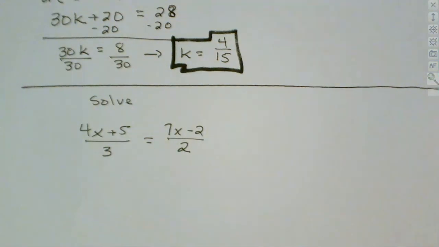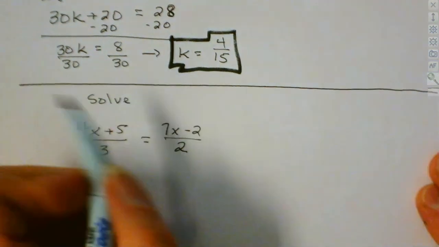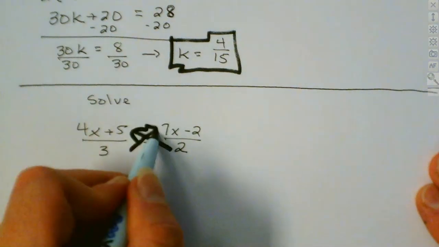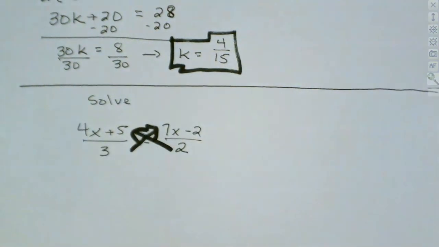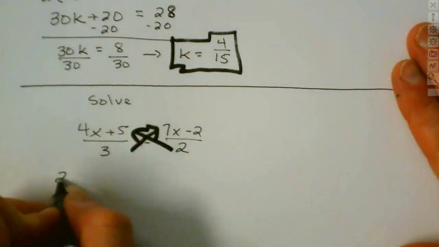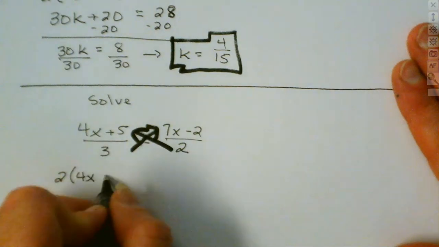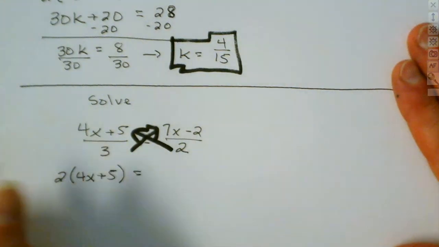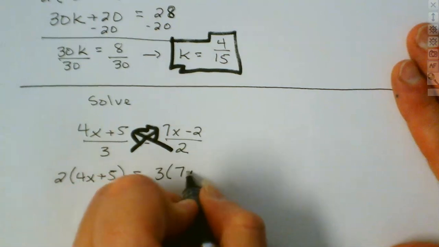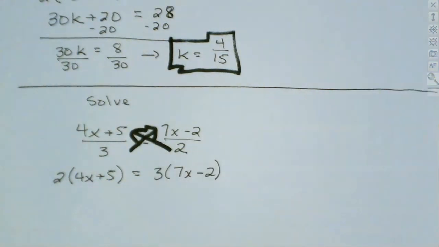And what do we need to do? Well, we need to cross multiply, right? No parentheses, so that makes it a little bit easier. We're going to go ahead now and just cross multiply. Use parentheses. Very, very important that you use parentheses. So when I rewrite this, I now have 2 times (4x plus 5) equals 3 times (7x minus 2). So there's that. Now, what are we going to now do? Distribute the 2 through, distribute the 3 through, and that's going to finish this out.